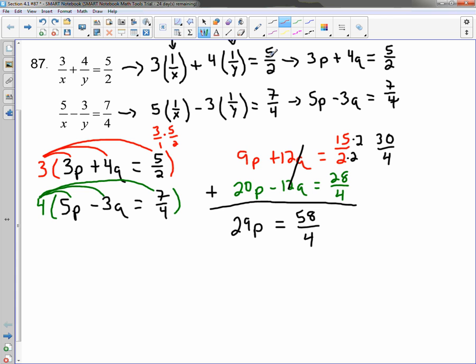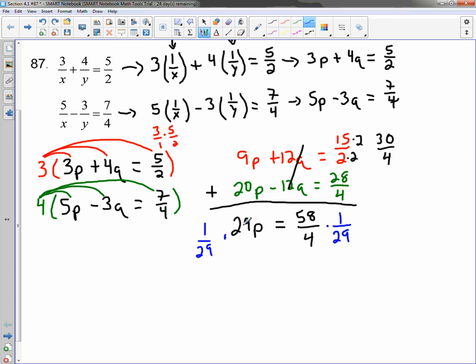To solve for p here, we can either divide by 29, but since I have a fraction over here, I'm going to write it as multiplying by 1 over 29. That's just going to reduce a little better. Multiplying by 1 over 29 is the same as dividing by 29.